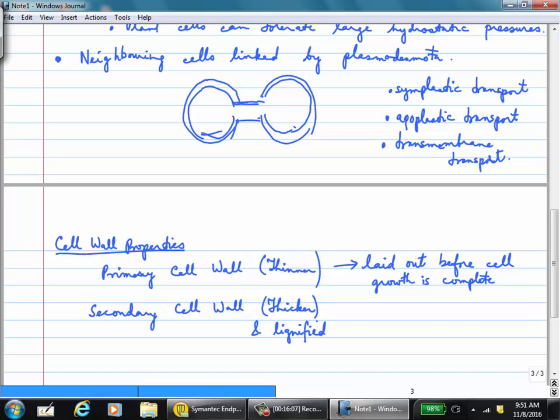Lignified means there is a molecule there, called lignin, that contributes to making it really hard. So it is thicker and lignified, and this is laid out once cell growth stops.